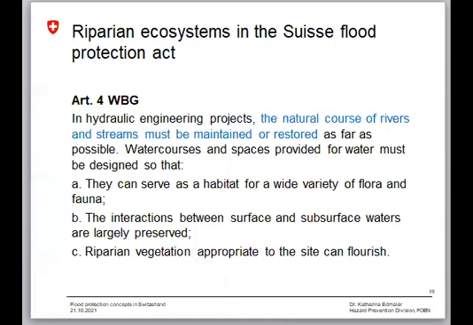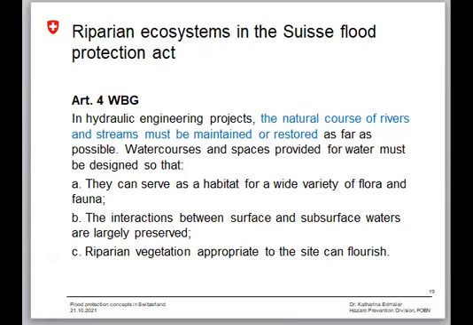For this reason, the protection of the riparian ecosystem is implemented in the Swiss Flood Protection Act. It says that the natural course of rivers and streams must be maintained or restored as far as possible within hydraulic engineering projects. Water courses and spaces provided for water must be designed so that they can serve as a habitat for a wide variety of flora and fauna.